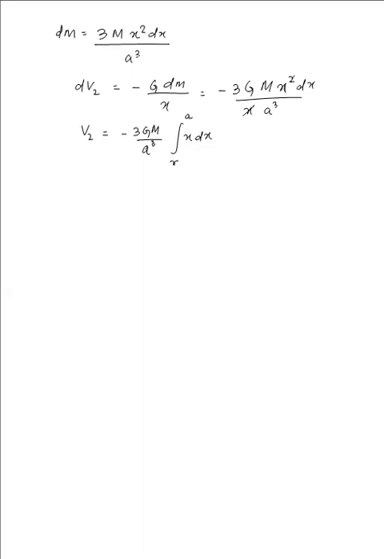And so with this integration, we can obtain x squared divided by 2 from r to a, minus 3GM by a cube, and well, 2 can come over here, and we have a square minus r square. This is the potential for the points outside.